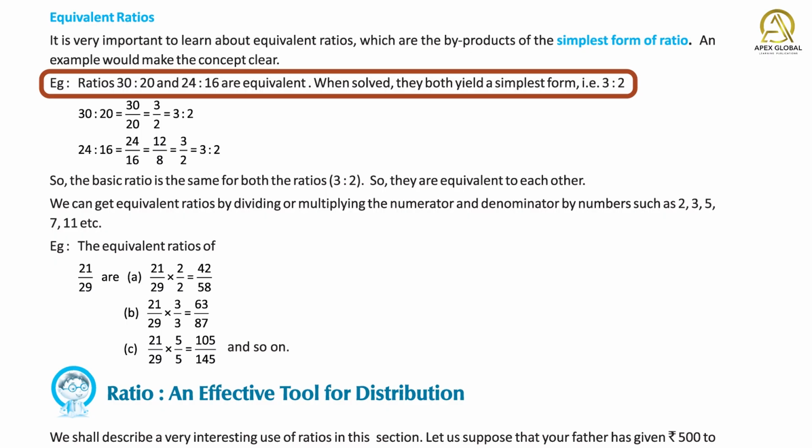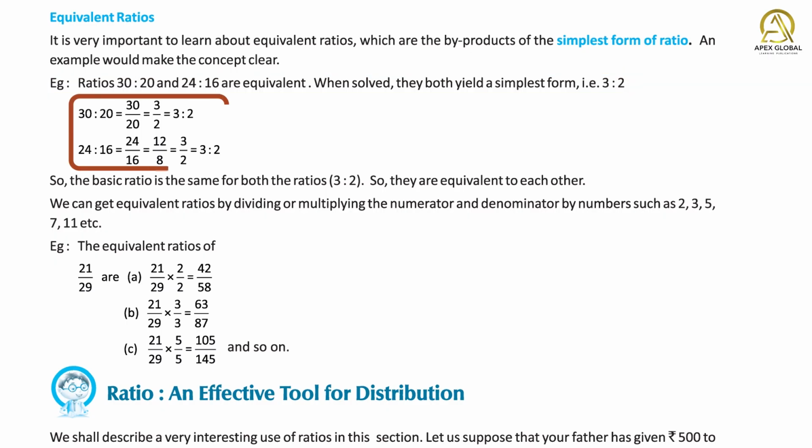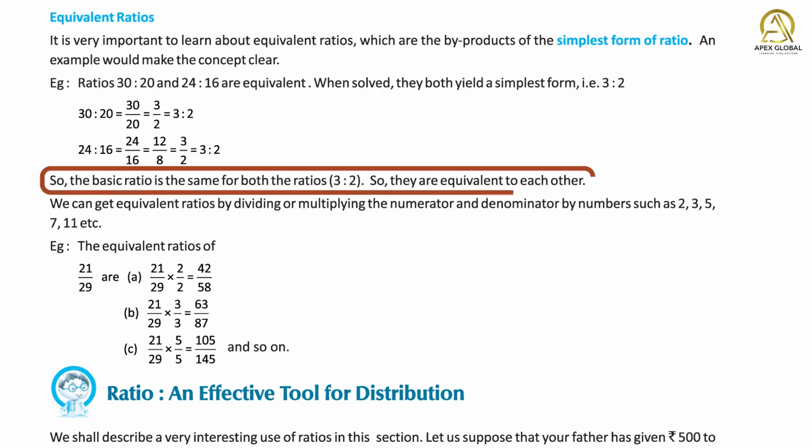When solved, they both yield a simplest form, 3 ratio 2. 30 ratio 20 equals 30 upon 20 equals 3 upon 2 equals 3 ratio 2. 24 ratio 16 equals 24 upon 16 equals 12 upon 8 equals 3 upon 2 equals 3 ratio 2. So, the basic ratio is the same for both the ratios, 3 ratio 2. So, they are equivalent to each other.